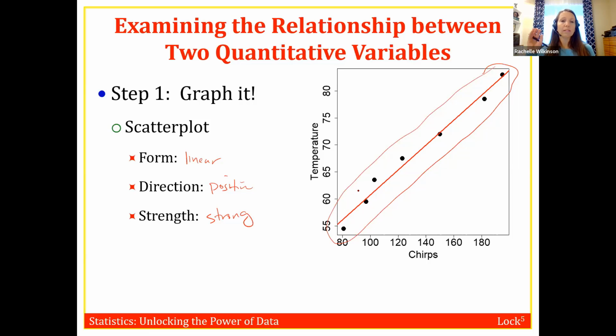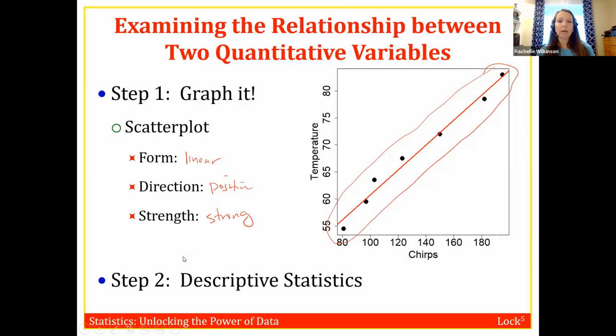All right, so once we graph the data, the second step is to look at numerical summaries, or sometimes we call those descriptive statistics. So who remembers the name of the numerical summary that describes the strength of the linear relationship between x and y? So there's a quantity we talked about that measures how strong the linear relationship between x and y is.